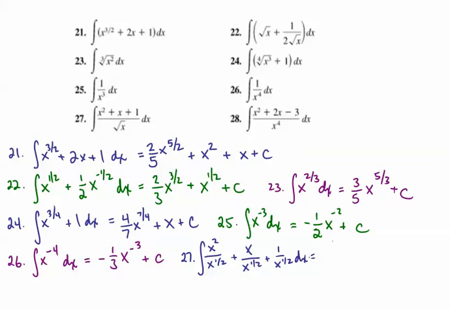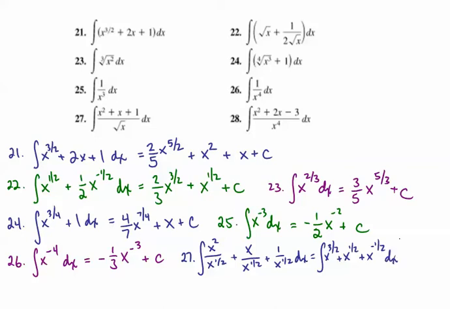And so x to the second is really x to the 4/2 over x to the 1/2, so that would be the integral of x to the 3/2 plus the integral of x to the 2/2 over 1/2, which is x to the 1/2, and finally plus x to the negative 1/2 dx.